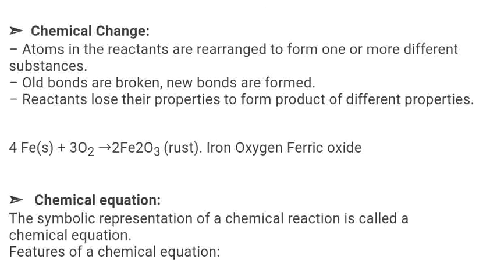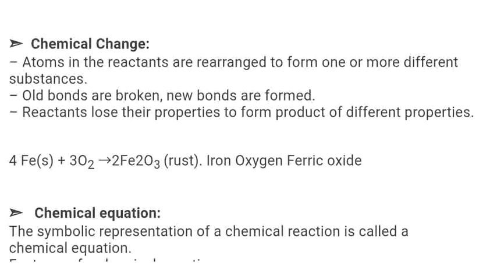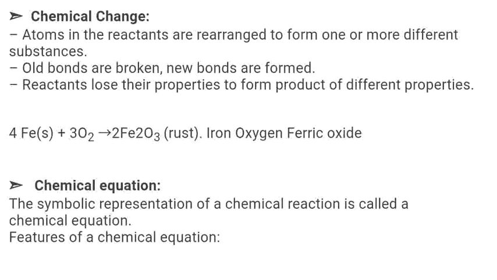The new substance formed is ash, which is chemically different from the old substance, paper. Atoms in the reactants are rearranged to form one or more different substances. Old bonds are broken and new bonds are formed. Reactants lose their properties to form products of different properties. And this is a chemical change.